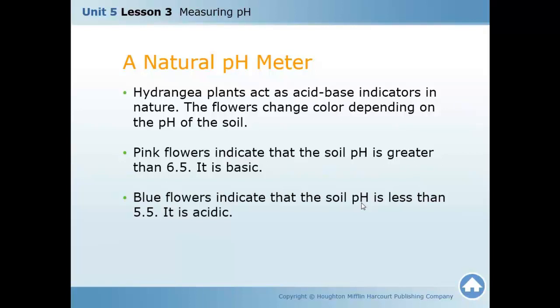And the last part we talked about the natural pH meter, how to know the acidity and basicity of the soil according to the color of the flowers.